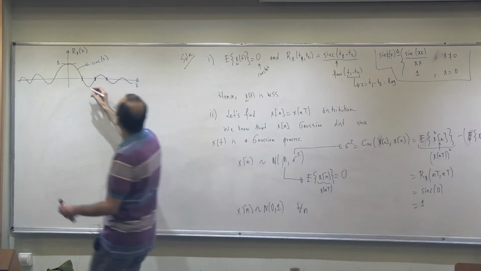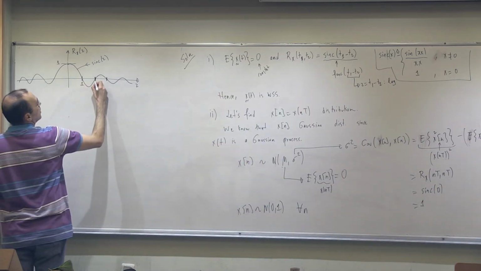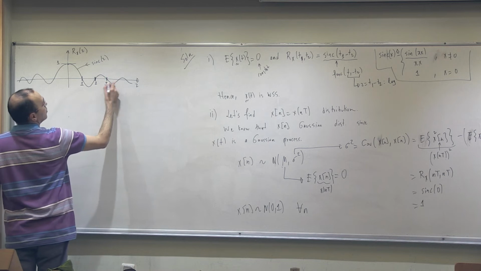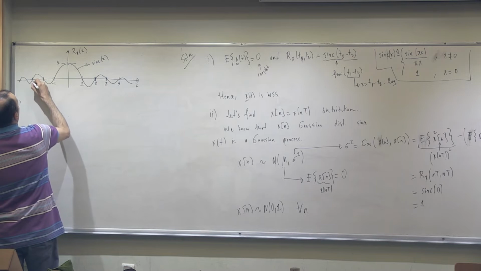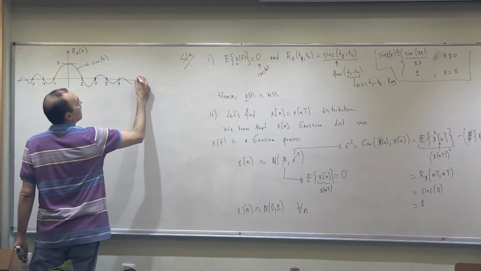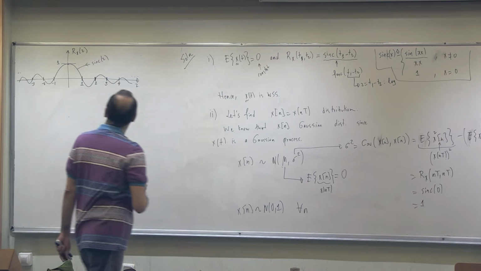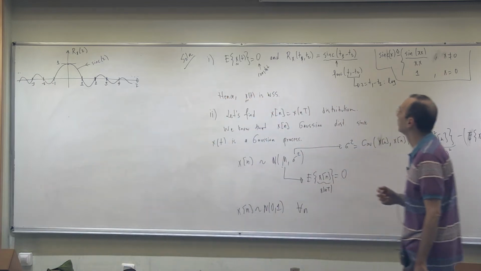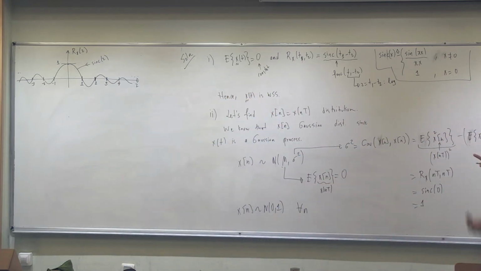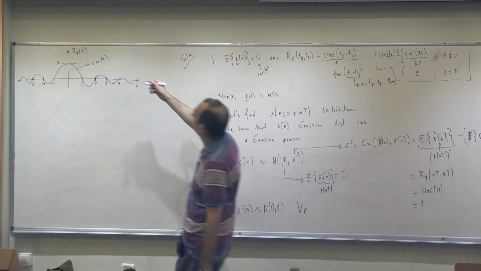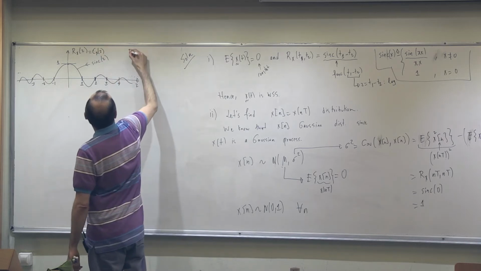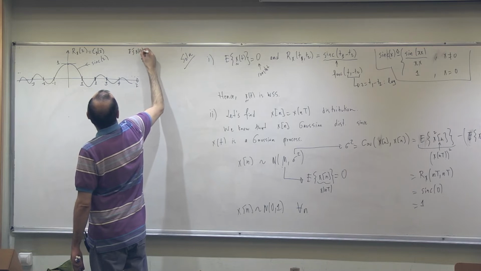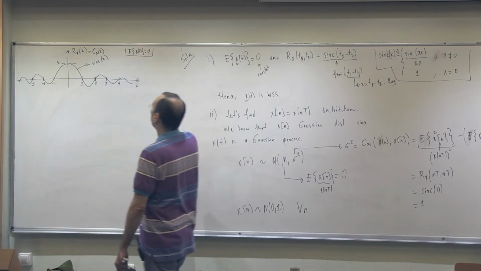So it's equal to 0 when tau is equal to 1, 2, 3, for every integer. Do you agree? So we have a function like that. This is the autocorrelation function, but the covariance function should be equal to 0. But remember, this is also equal to Cx of tau, since the expected value is equal to 0. They are equal to each other.